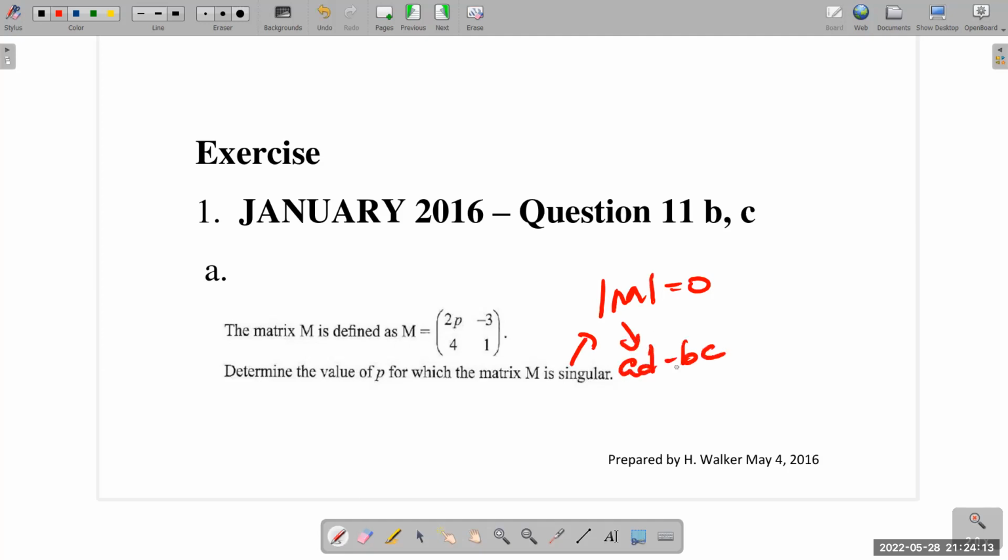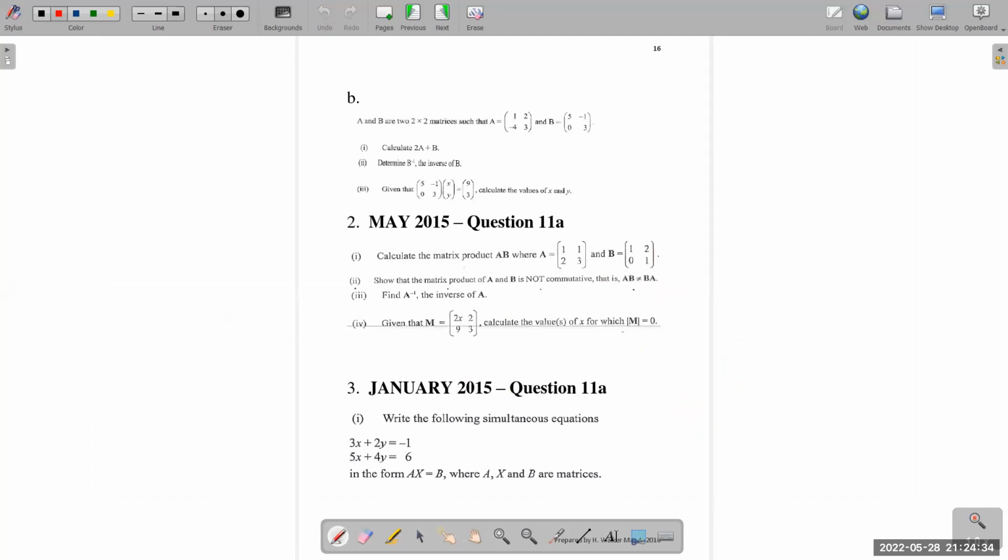So you multiply and substitute, make this equal to 0, and then solve for p. Everybody with me? We did an example like this before. We know what singular means, we know what to do. Even if it's a letter, we know how to solve.